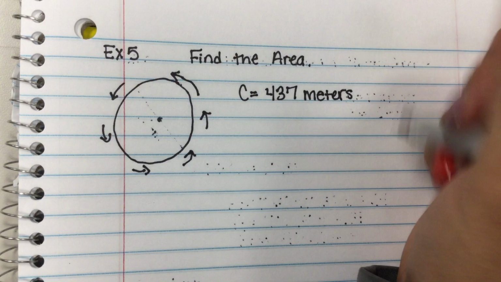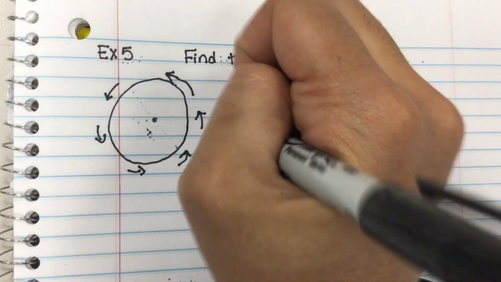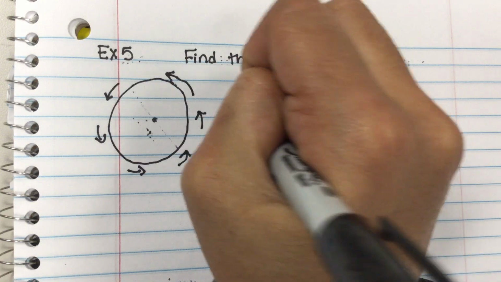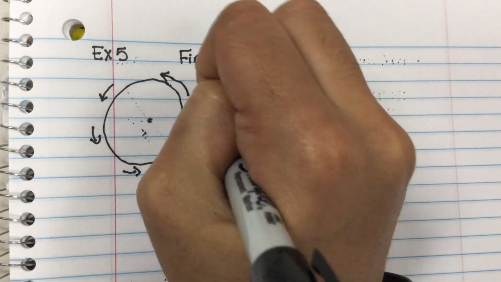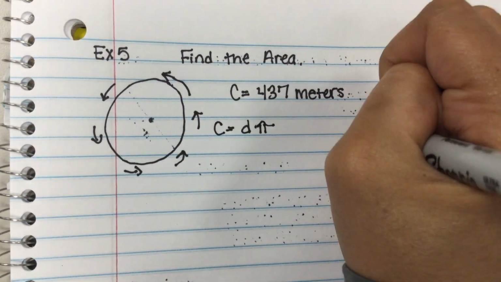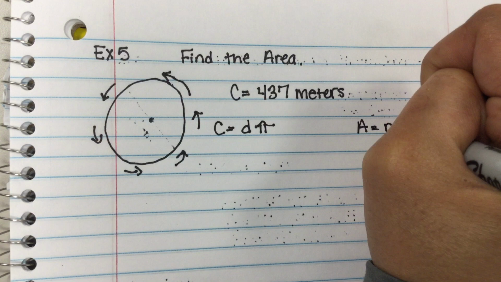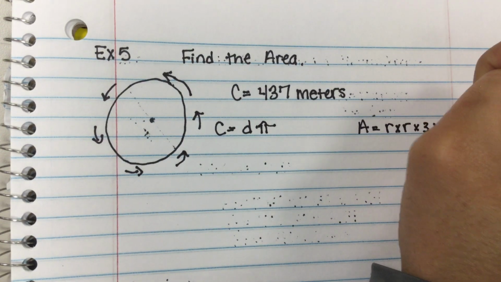So we know that the formula for circumference is diameter times pi. We also know that in order to find area, we need to know our radius, right? Because radius times radius times pi.